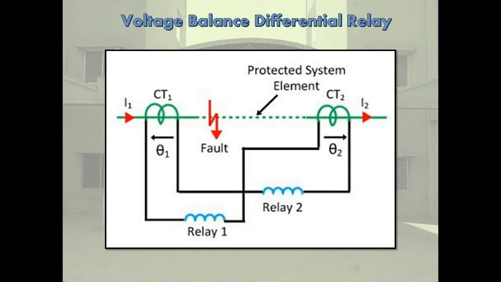By using pilot wires, differential protection of transmission lines can be done. Other applications are bus zone protection, protection of large motors, protection of transmission lines by phase comparison, carrier current protection, and protection against intermittent faults. So the voltage balance differential relay has a large number of applications in protection systems.